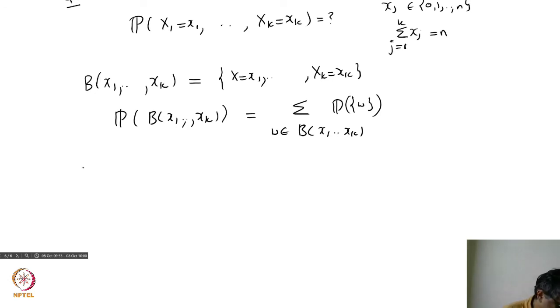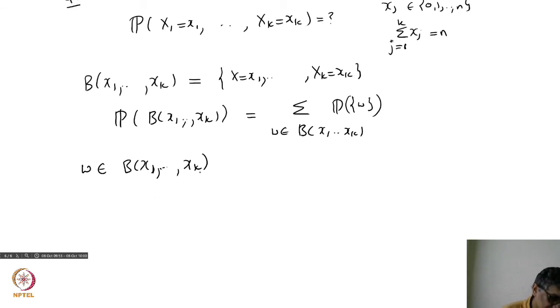But look at any element in B of x1 through xk. This is a sequence of n trials, and look at each outcome. You want outcome 1 to appear x1 times, outcome k to appear xk times.